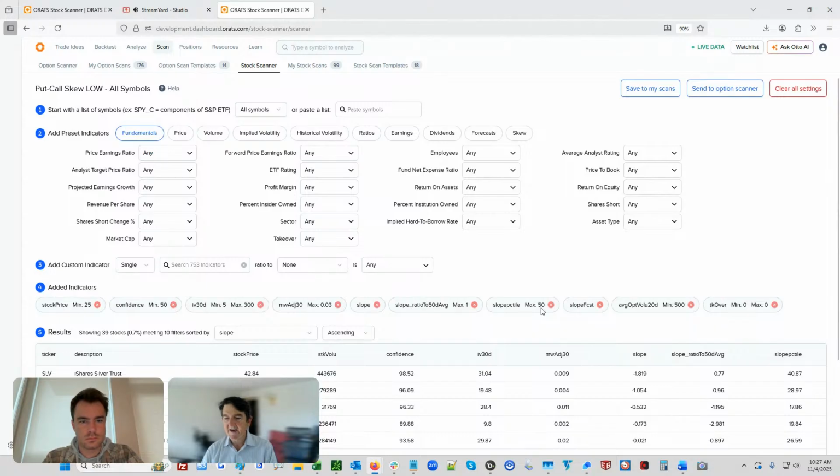Slope percentile, that's high. Slope forecast, slope ratio.